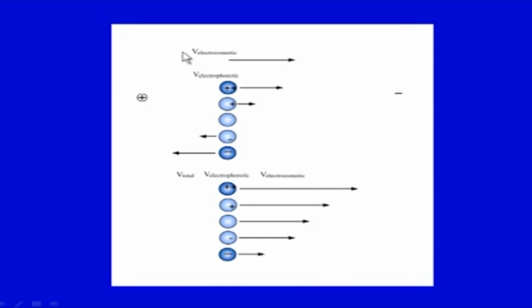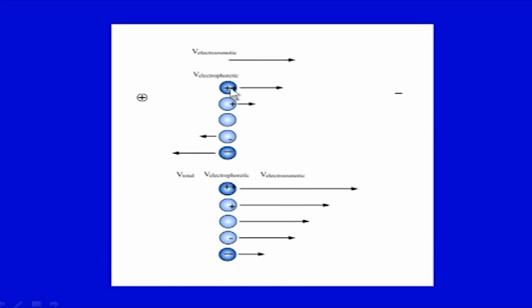Now, when you have electroosmotic flow, what is the movement of the charged species under this influence? If you see in this figure, the velocity of electroosmotic flow, like how these charged species move, there is a comparison here.